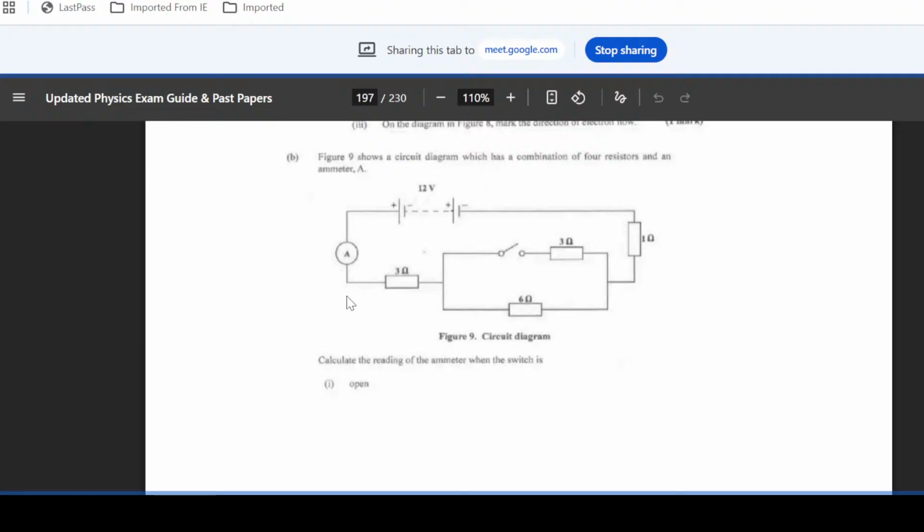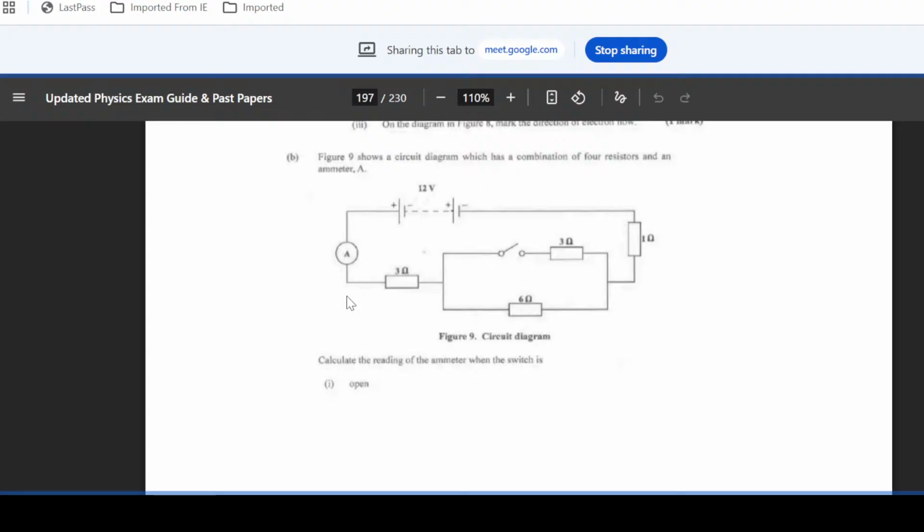If the switch is open, current will not flow through that 3 ohm resistor, because at that junction it can't split, as it only has one way to go.